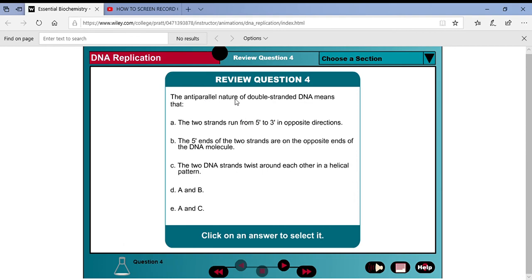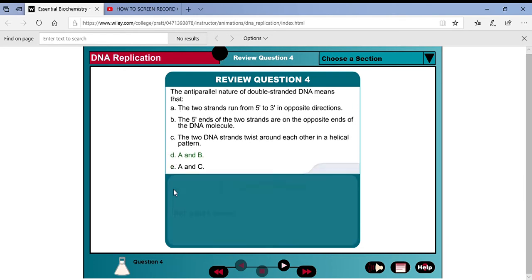The antiparallel nature of double-stranded DNA means that, what do you think? The two strands run from 5' to 3' in opposite directions. The 5' ends of the two strands are on opposite ends. I think it's probably A and B.